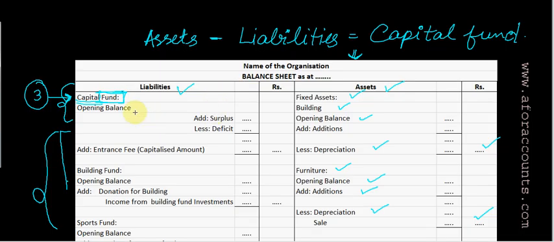Okay, so opening capital fund, add the surplus, that is add the profit, less the deficit, that is less the loss, and net off will be here. Then add the entrance fee, which is capitalized and needs to be added to the capital fund, and the main balance is taken in the outer column.